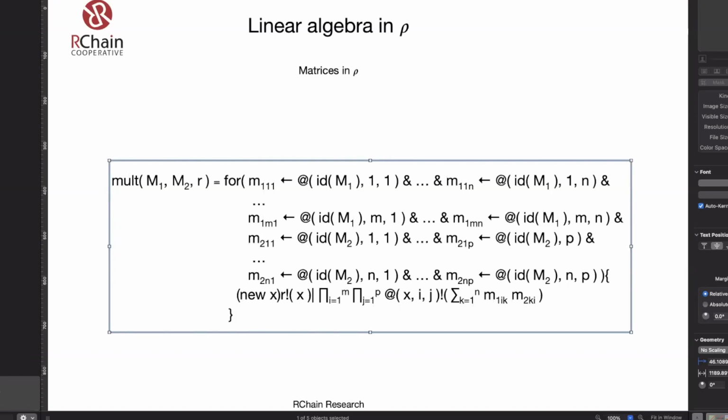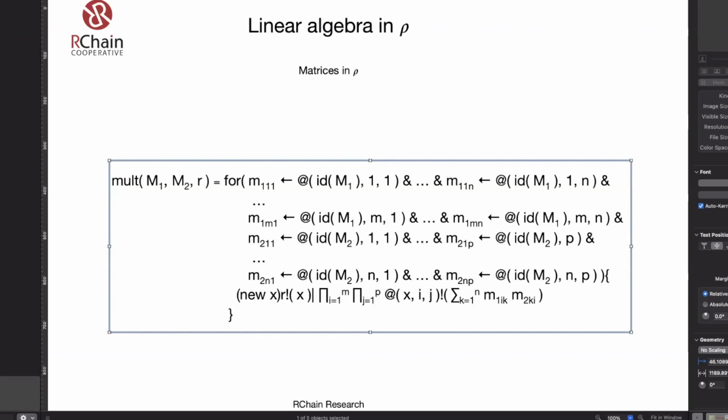So there are a lot of threads here that are woven together as I'm going after the ZK stuff, the ZKP stuff that's related to the multi-party computation. Rholang is specifically designed for multi-party computation.